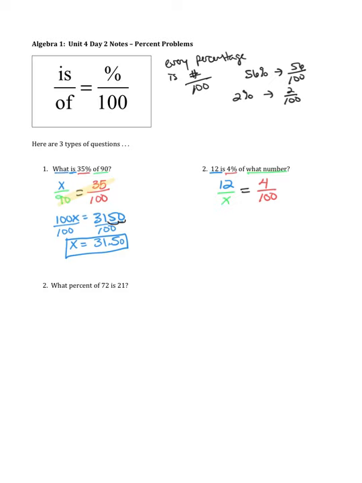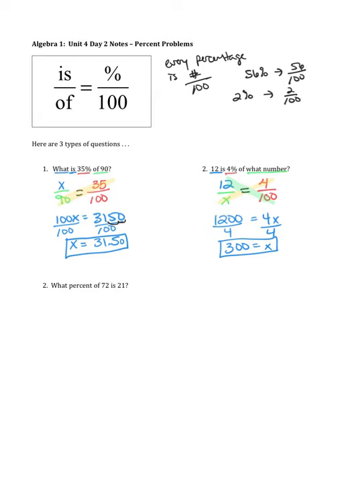We're going to cross multiply. So we have 1200 equals 4x. Divide both sides by 4, and you have 300 equals x. So 12 is 4% of 300.